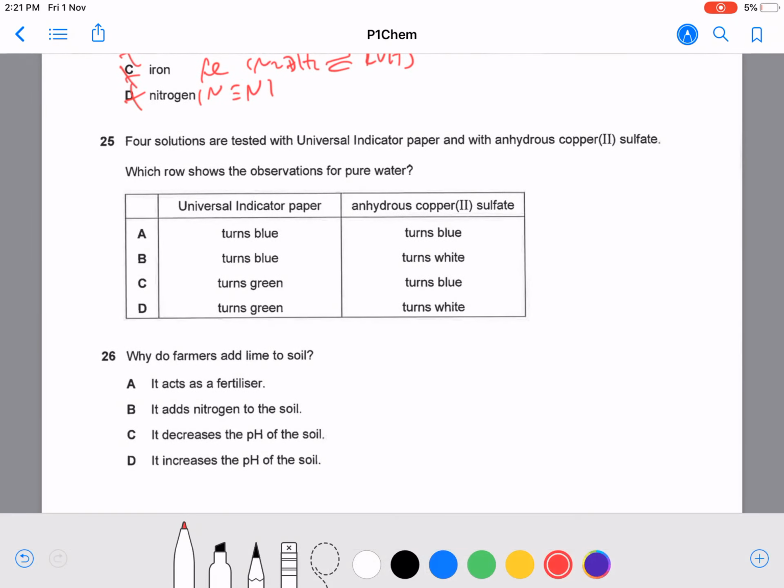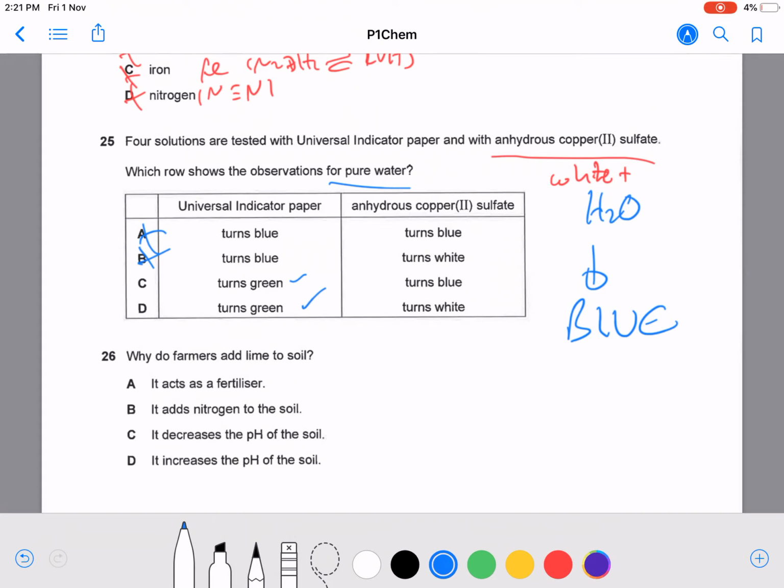25. 4 solutions with UI and with anhydrous copper sulfate. Anhydrous copper sulfate is white, but if you add water, H2O, it becomes blue. Pure water would be neutral. Pure water is neutral, so it's neither A nor B, so that's good. And it would turn, we just said this, copper sulfate, anhydrous, blue.